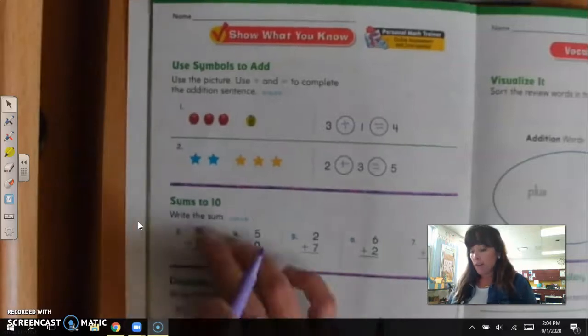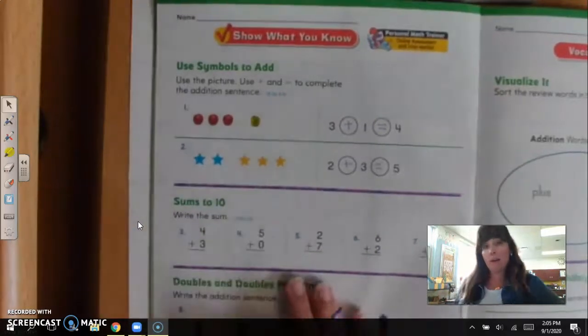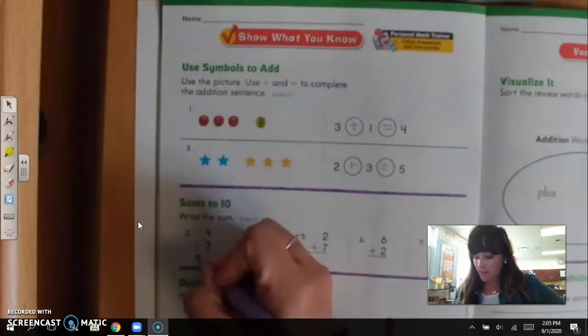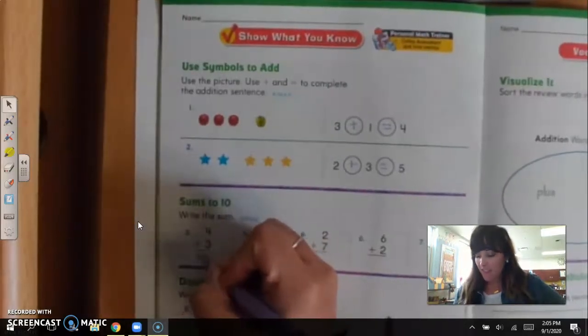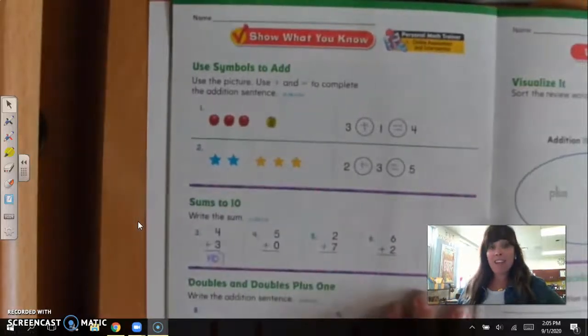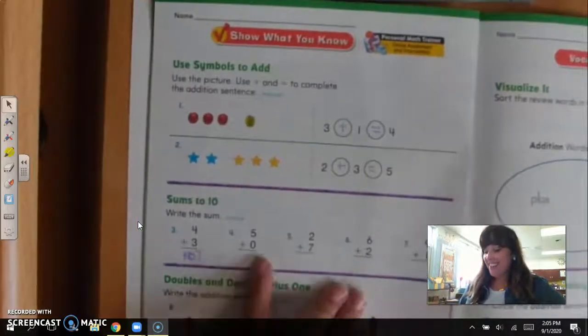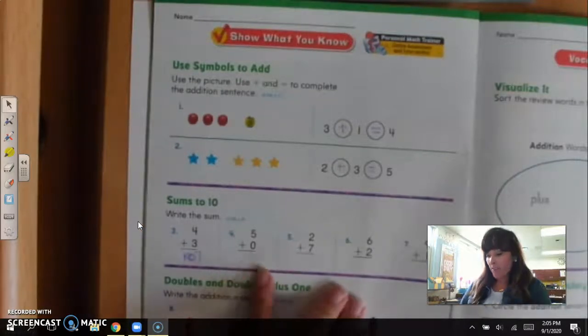So let's start with number 3. 4 plus 3, add those up. 4 plus 3 equals 10. Or not 10, 7. 7, not 10. And then number 4, 5 plus 0 equals 5, right?